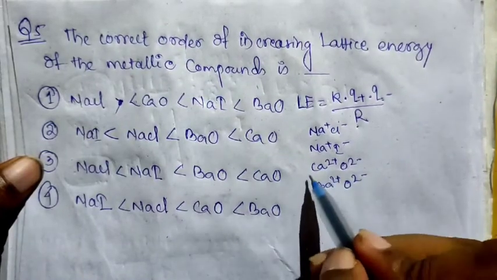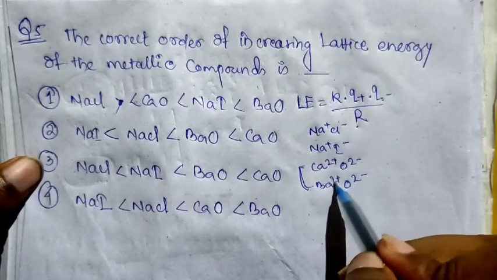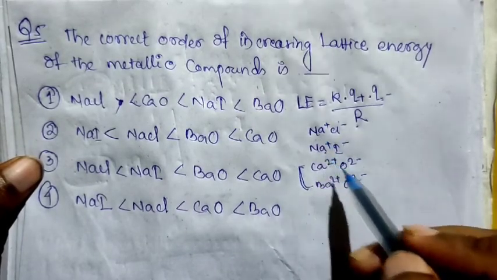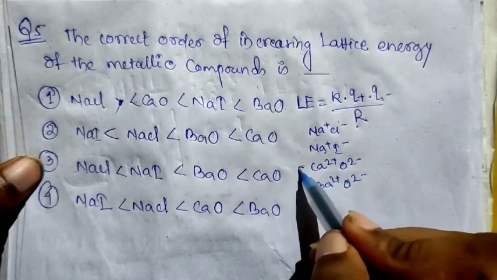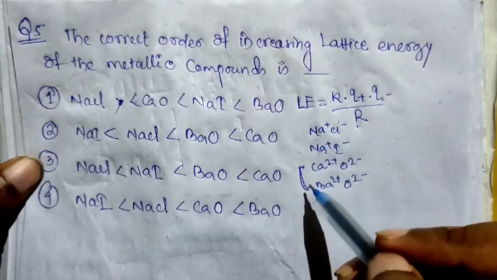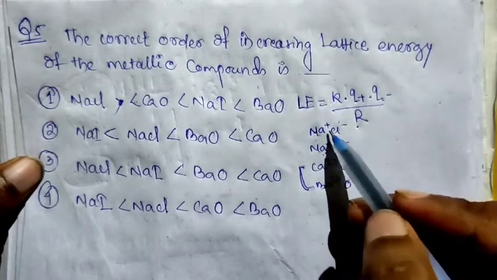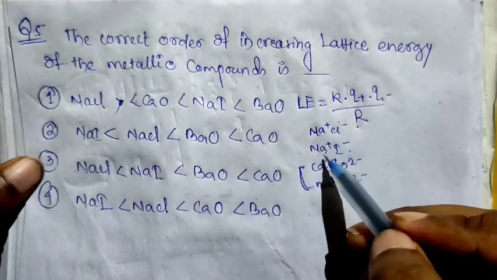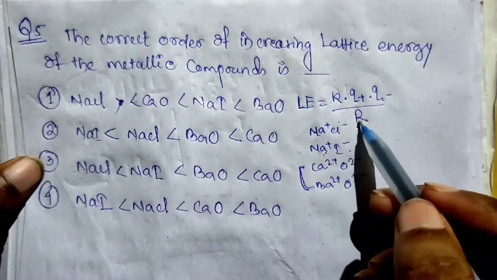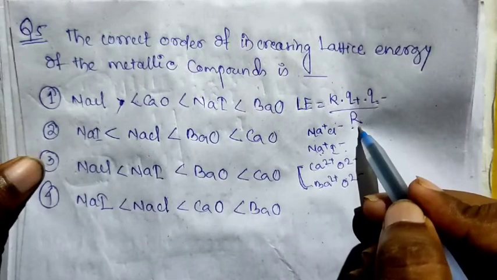We saw that the last 2 have greater charge than the first 2. So these 2 have larger lattice energy than these 2. Now compare NaCl and NaI. Here they have similar charge, so lattice energy only depends upon ionic radii.